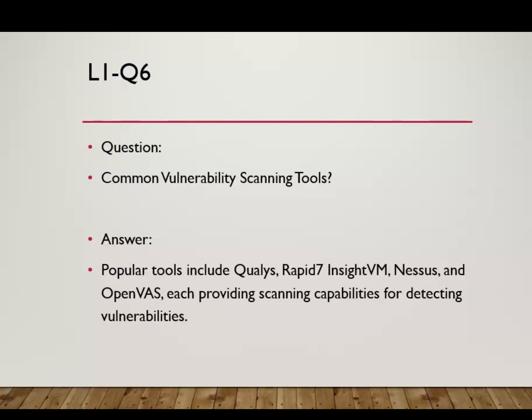Common vulnerability scanning tools. There are many tools in the market, like Qualys, Rapid7 InsightVM, Nessus, and OpenVAS, each providing scanning capabilities for detecting vulnerabilities. The tools may be different, but the functioning is the same.